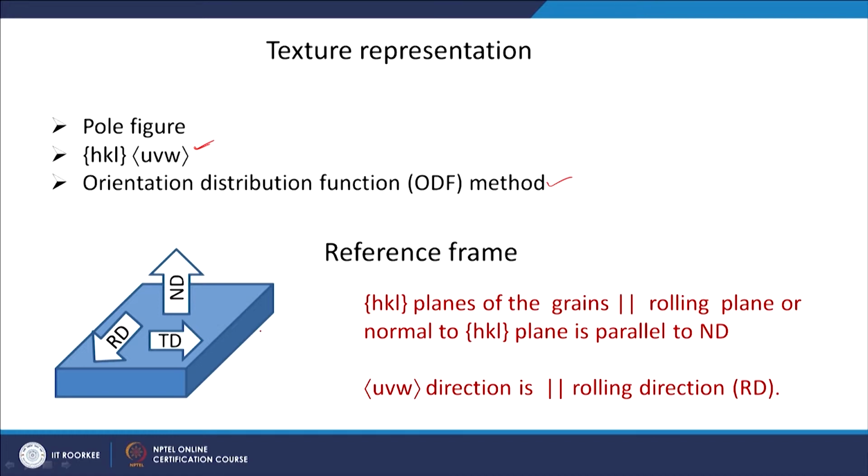As we have already seen, my rolling direction, transverse direction and ND are the reference frame. We are trying to say which HKL plane of the grain is parallel to the rolling plane of the rolled sheet.